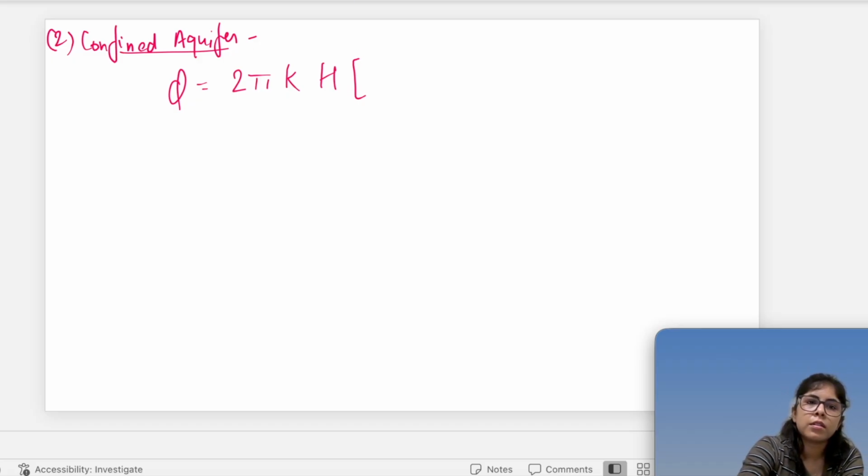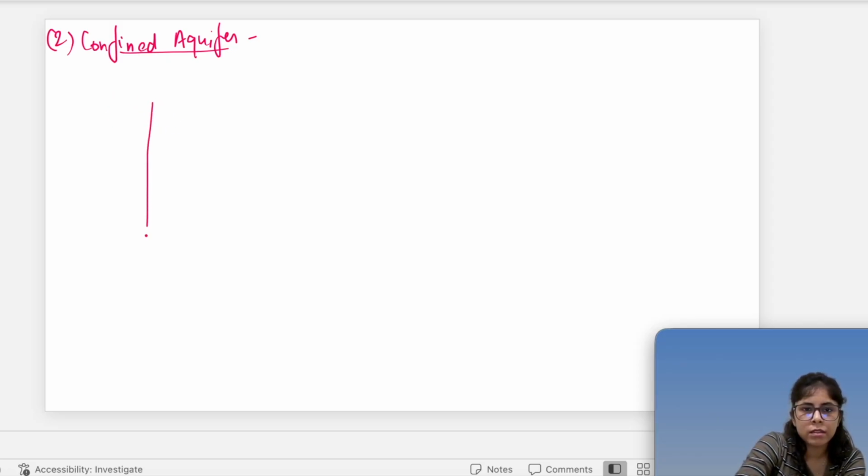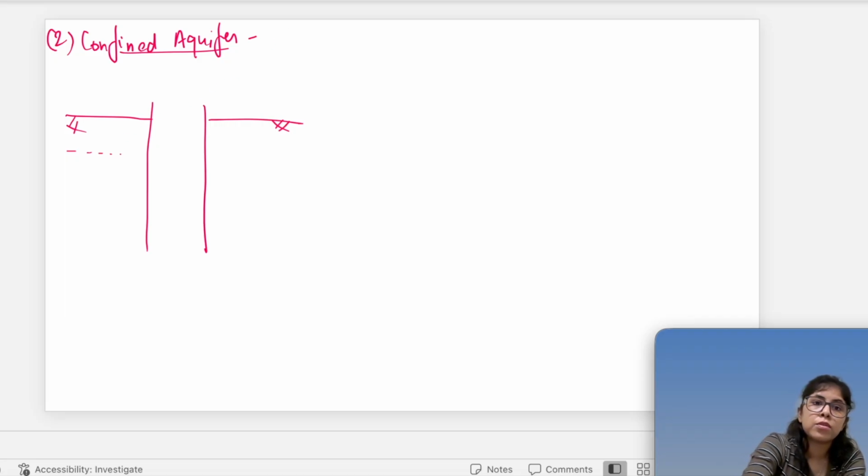let me just at least make the diagram so you guys understand it properly. See, you will be having the well something like this. It's on the ground, and then you will be having, okay, here water table will not be there, right?